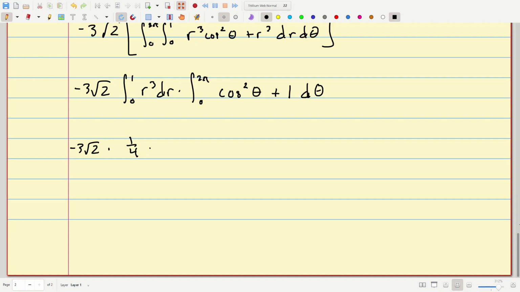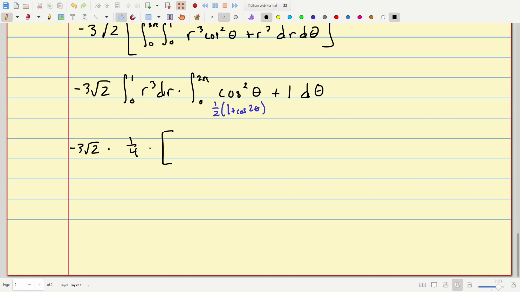Okay, for the other integral, we're going to need to have 1/2. So let me write this out. This becomes 1/2 times 1 plus cosine 2 theta, for the cosine squared part.